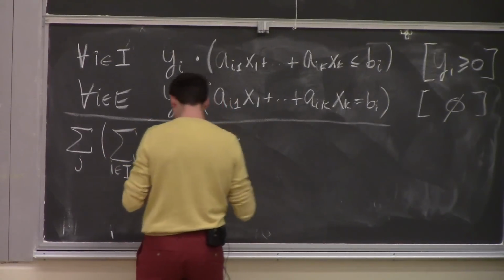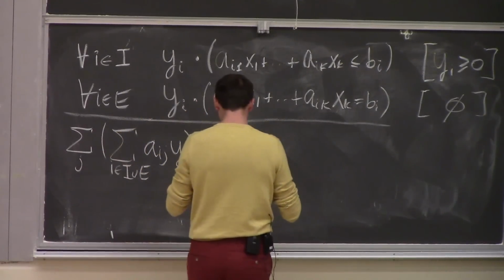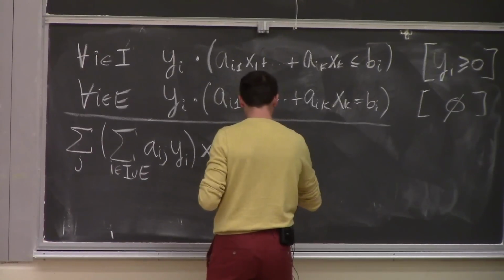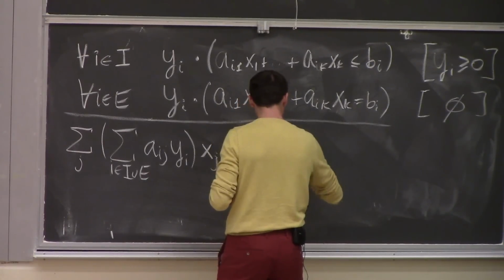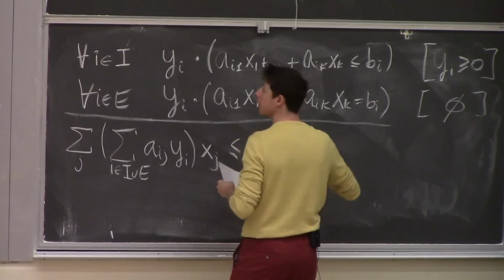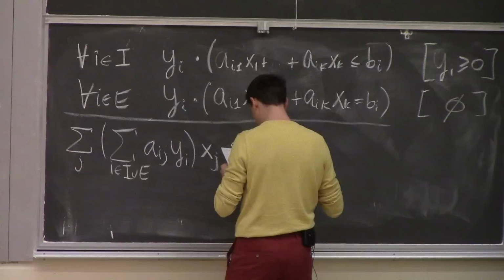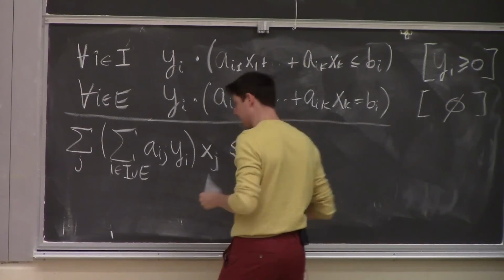On the right-hand side, what I get is sum over, no, not sum over j, sum over i. Sorry about that.